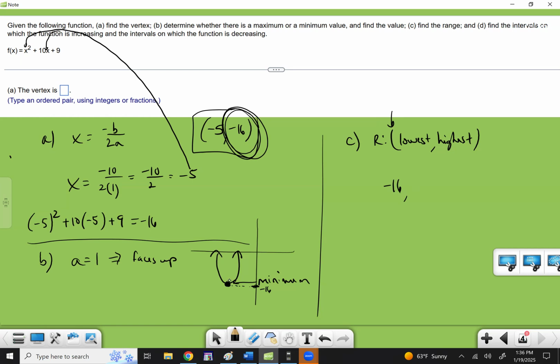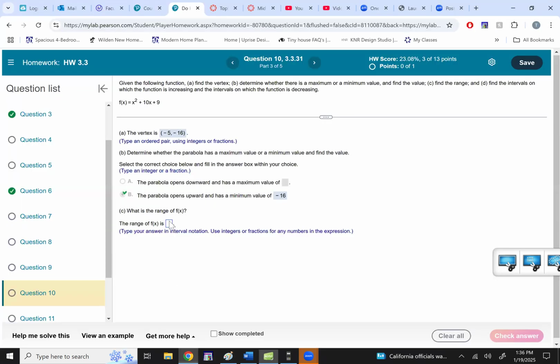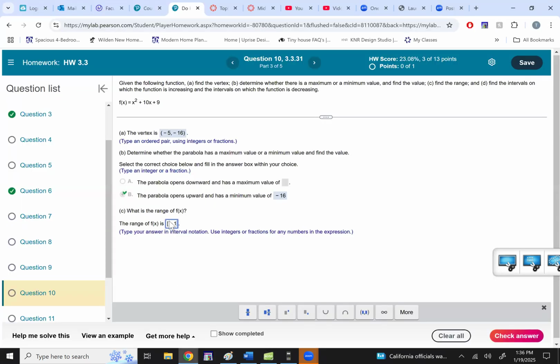It is on the graph. There's no open circle, no hole there. So that means we have to use a square bracket to include it. Now, for the highest, we have these arrows on our graph, which means it's just going to keep going up forever. So the highest would be infinity, which means we need to use parentheses. Infinity never gets a square bracket. So a square bracket on the negative 16, but on the infinity, make sure you use parentheses.